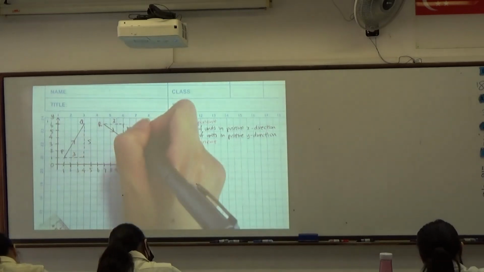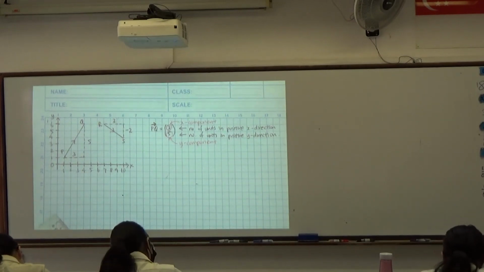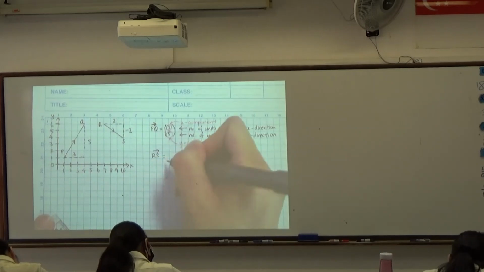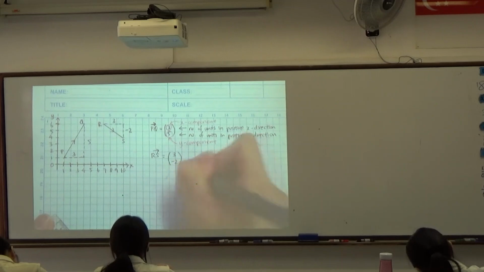Y direction, and therefore in this case it is -2. So to represent our RS in a column vector, we will have it as 3, -2 in this case.